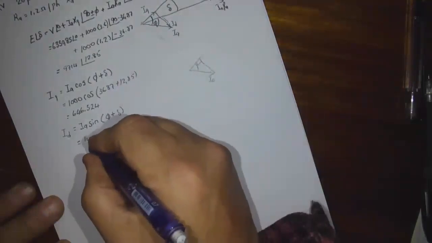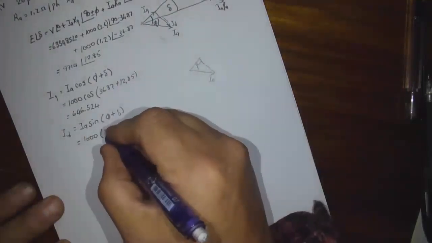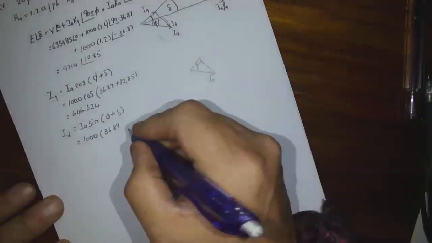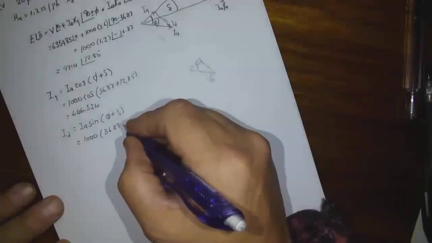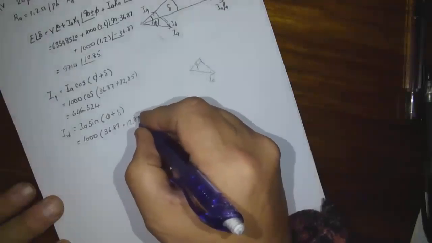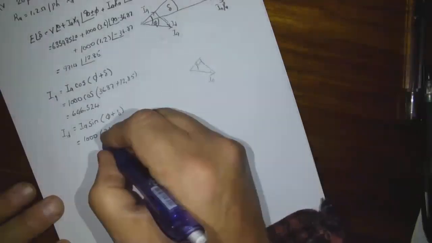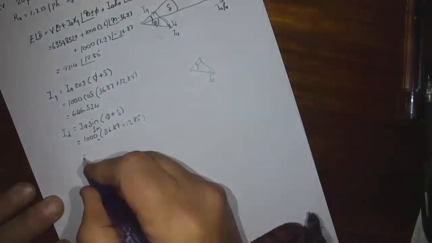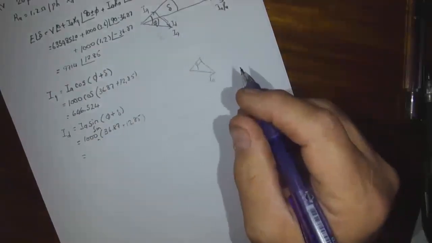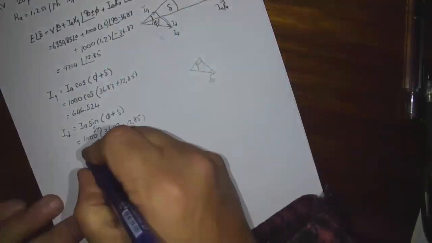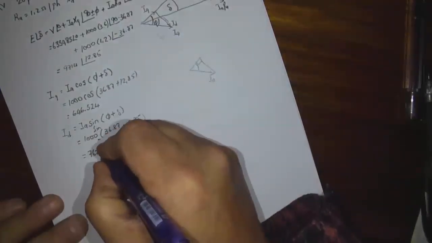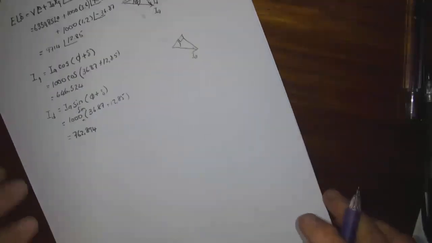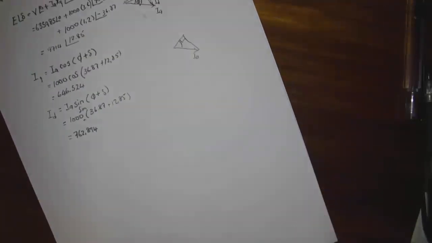And then this one is 1,000 sine of 36.87 plus 12.85. That gives 762,894. Okay, now we're ready.